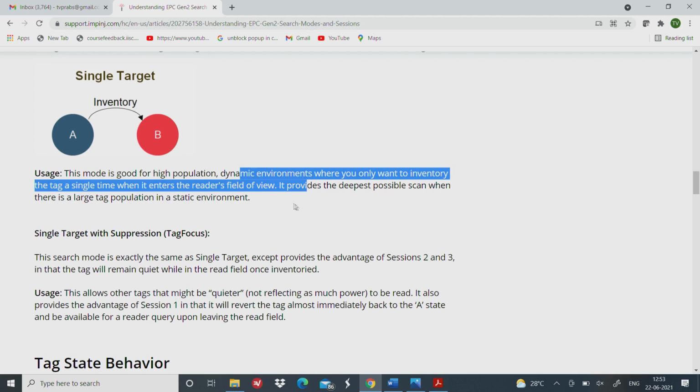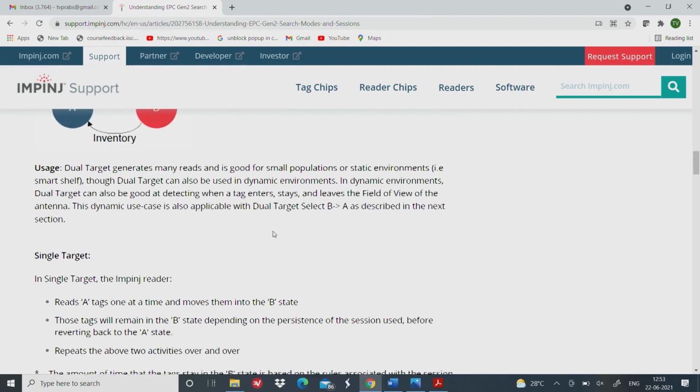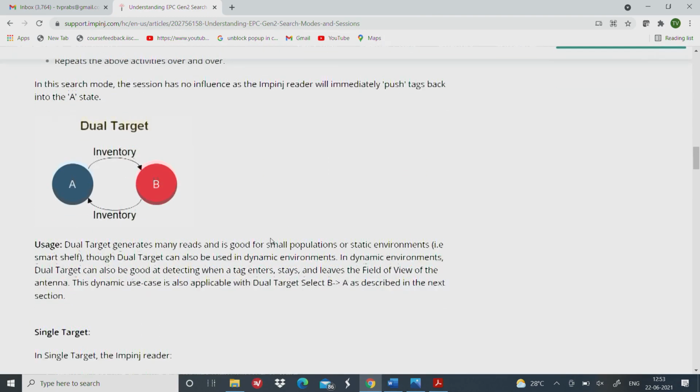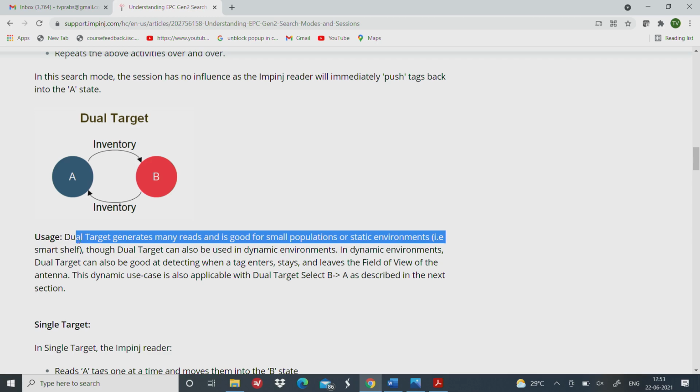It provides the deepest possible scan when there is a large population in a static environment. In dual target there is also a nice explanation. It generates many reads, good for small populations, static environments, typically a smart shelf. He mentions also some examples.